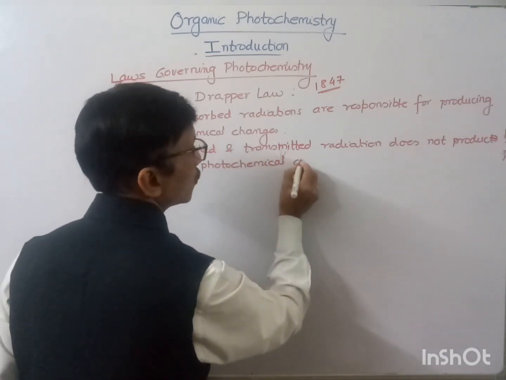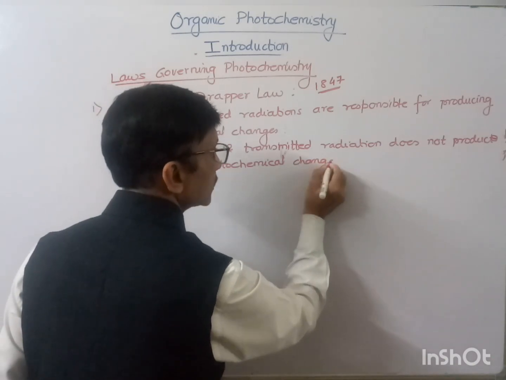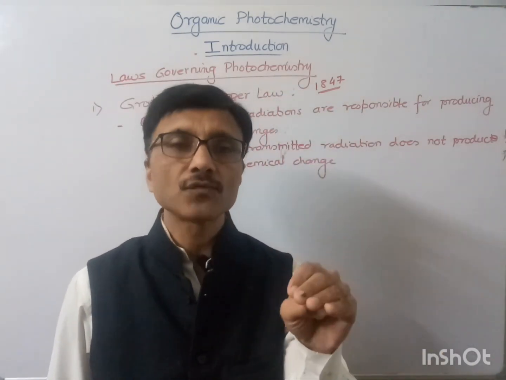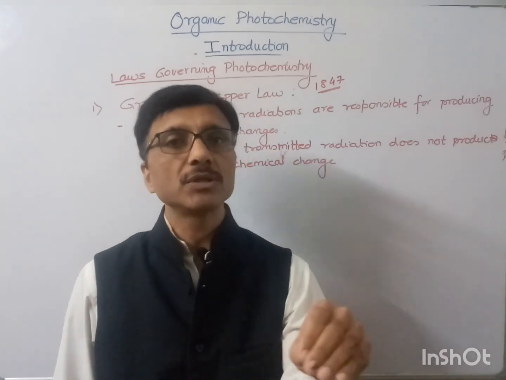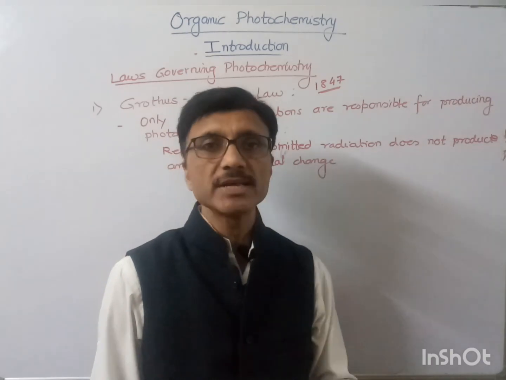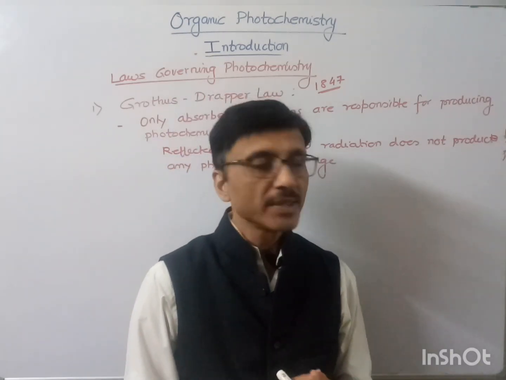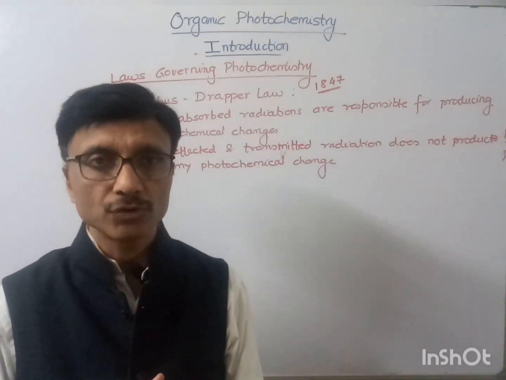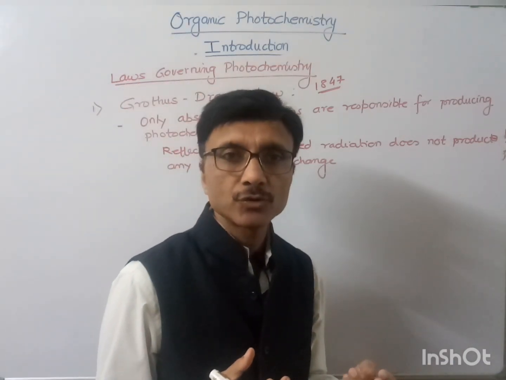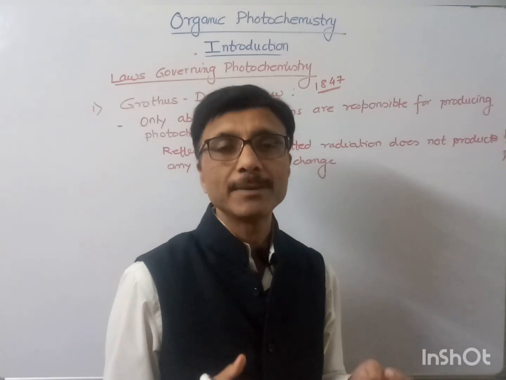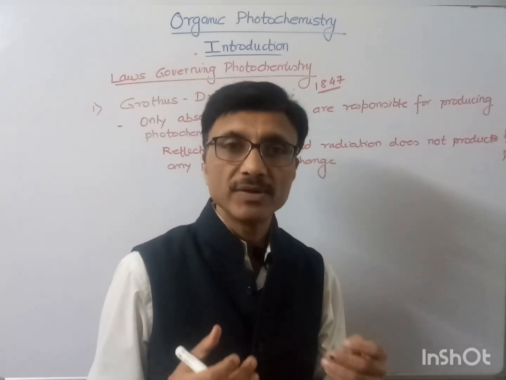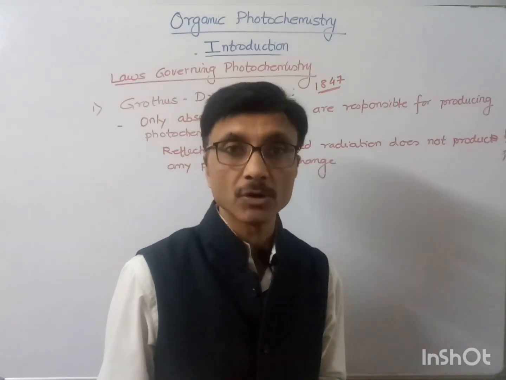So how can we know what wavelength of light should fall on the molecule so that it may produce a photochemical change? Nowadays we can easily find out by UV visible spectrophotometer. By UV visible spectrophotometer we can determine the lambda max for any molecule, meaning the wavelength which is absorbed by the molecule.